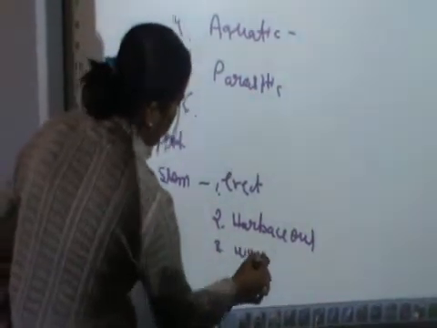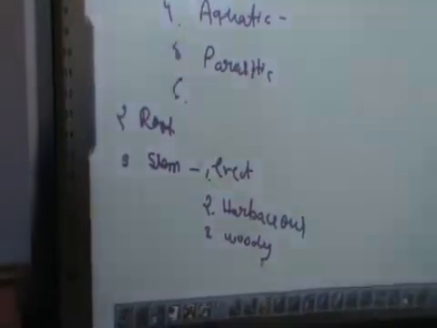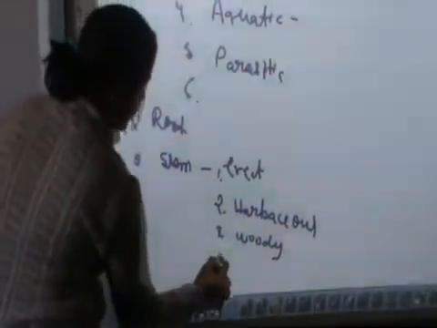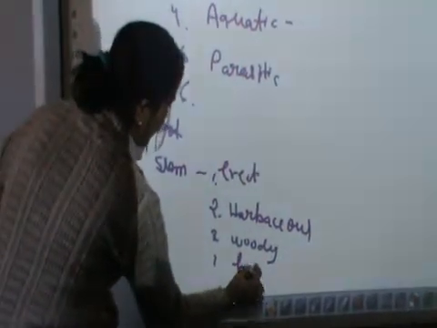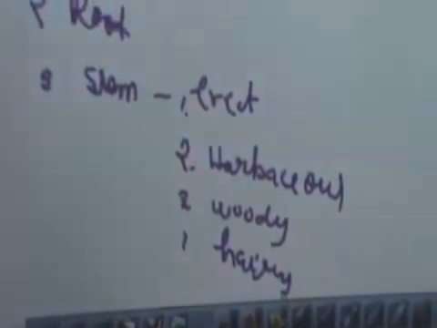Number three, woody stem. If the stem is broken into two parts, it is a woody stem. Hairy stems: if hairs are present on the stem, the stem is hairy.